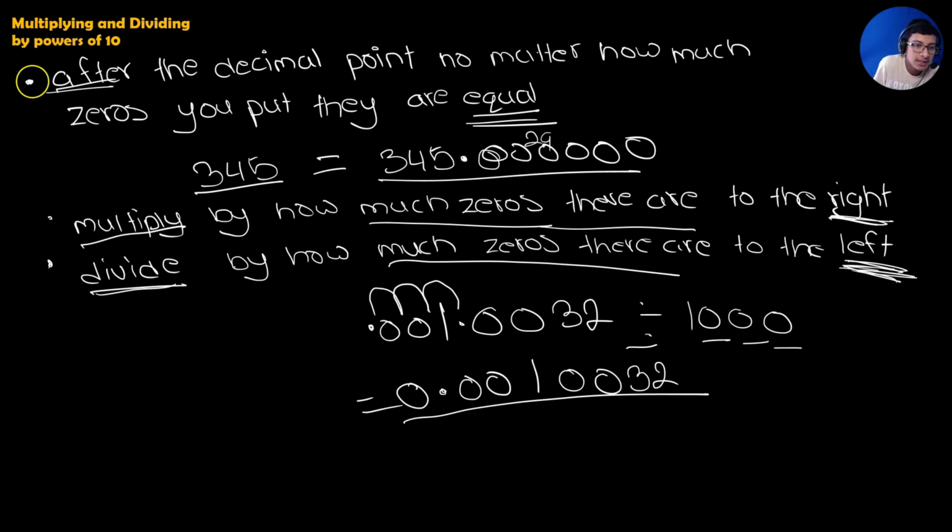And our little note here is that if there were any zeros after the decimal point, it would all equal the same. But here, since there are 1s, 3s, 2s, numbers that aren't zeros, it wouldn't count because they are before those numbers. If they were after, like the 2 here, it would still be the same answer.